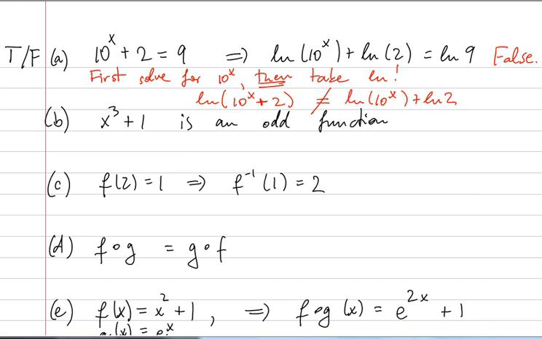Next problem asks: x cubed plus 1 is an odd function. So in order to see whether something is an odd function or even function, what we do is we replace x by negative x.